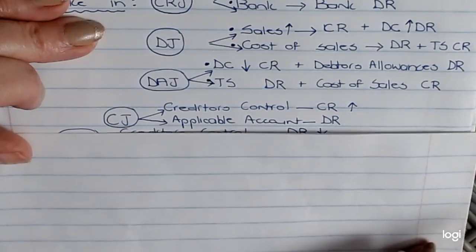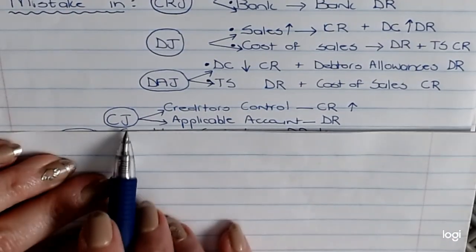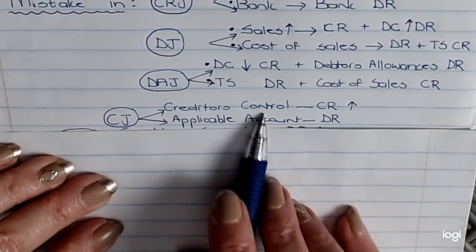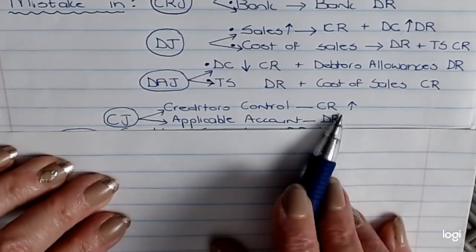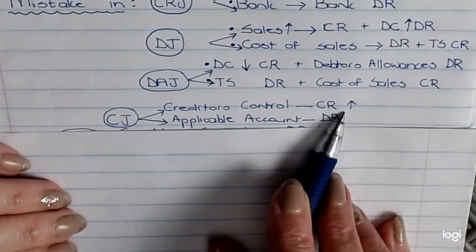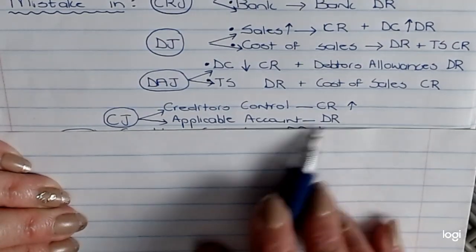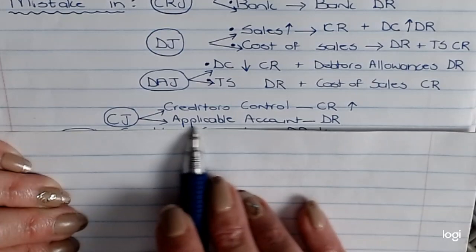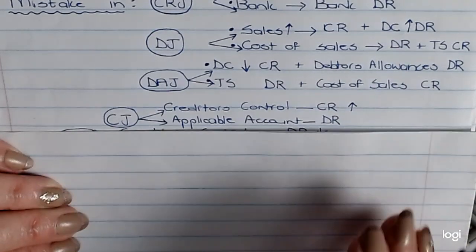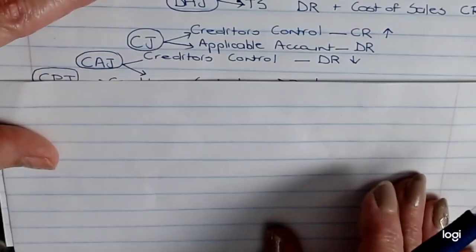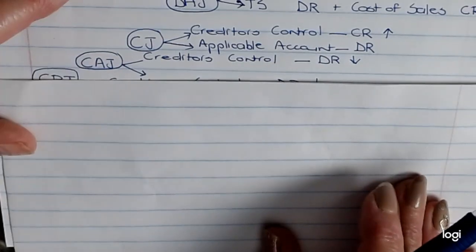Right, the next one is the creditors journal, where we had the main account as creditors control, which was credited, and then the applicable account that was debited. Depending on what was bought, that account would have been debited. Then we have the CAJ.